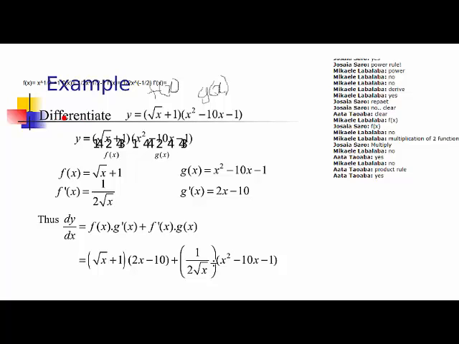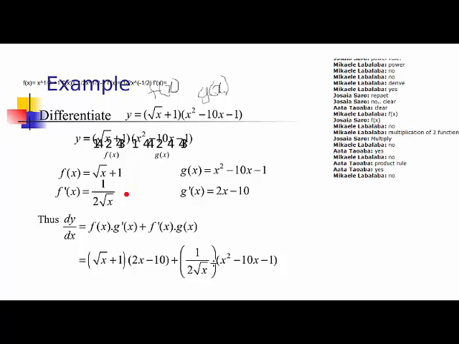So again, if we have x to the power half, we can put it in the form of root of x. So is this clear? So now did you understand how we get 1 over 2 root of x? Anyone having any problem with this? Are you still confused? Good. So now f dash of x is done, right?